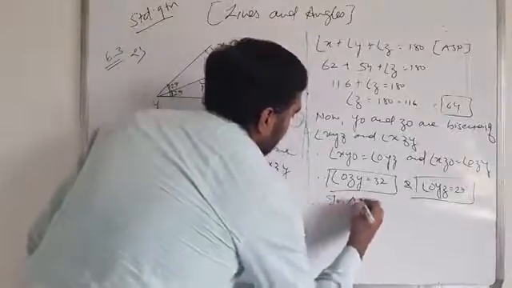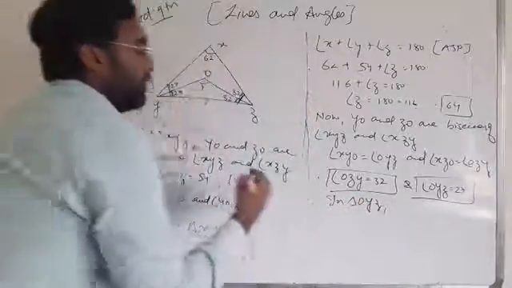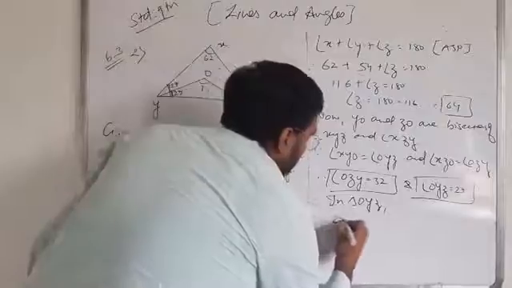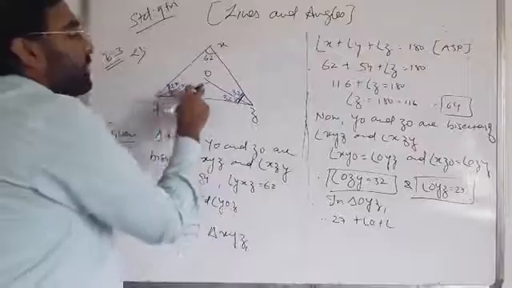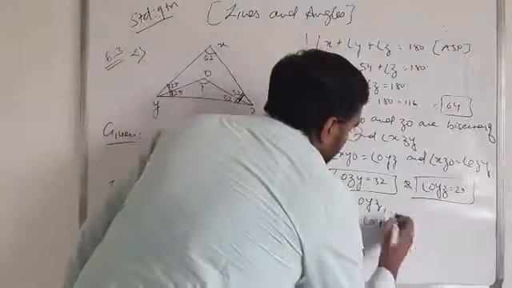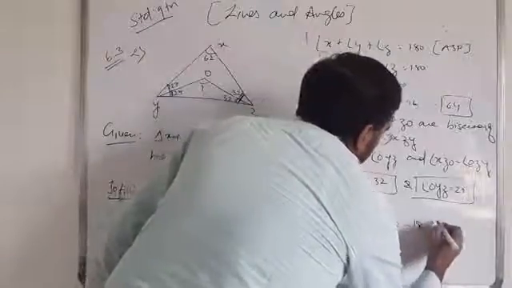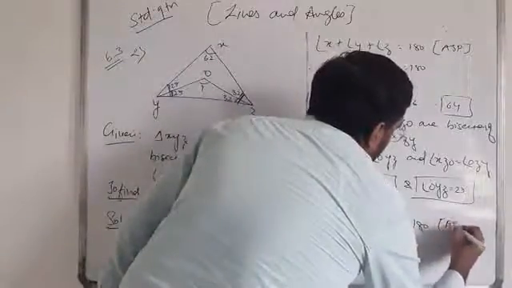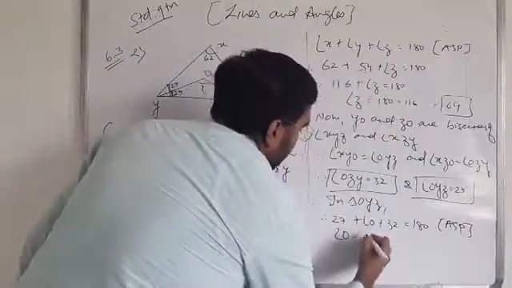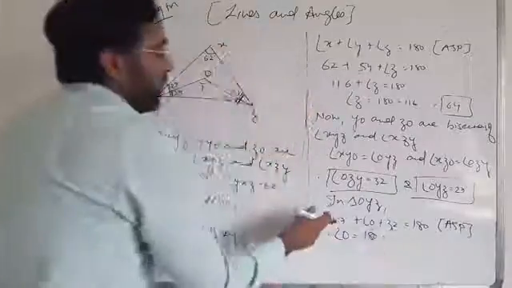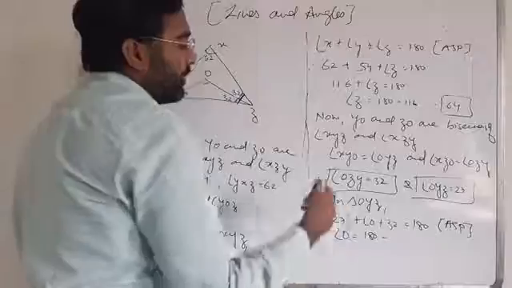In triangle OYZ, using the angle sum property, 27 degrees plus angle O plus 32 is equal to 180 degrees. Therefore angle O is equal to 180 minus 27 plus 32, that is 59.